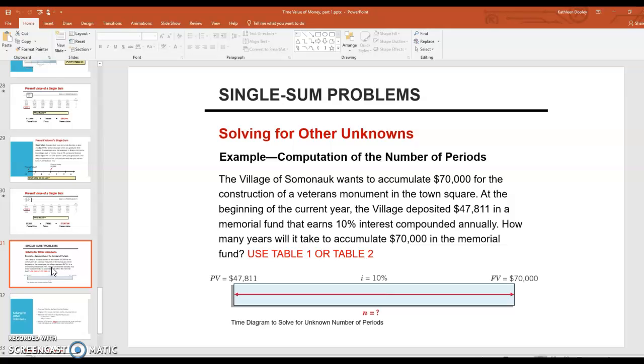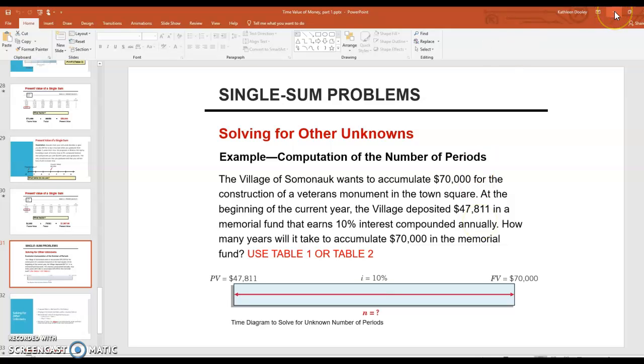Here we wanted to calculate for an unknown, okay? And so we want to accumulate 70,000. We got 47,811 right now, and we know we're getting 10%. We want to know how long is that going to take us, how many periods, and we're compounding annually.